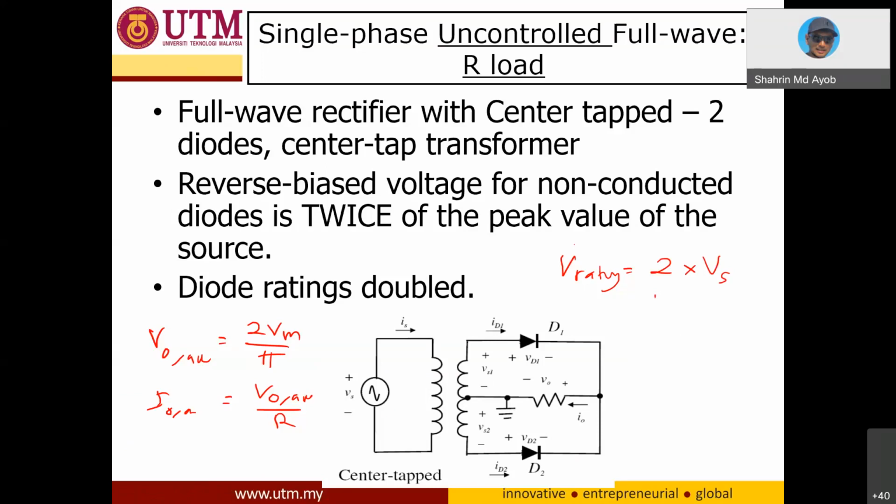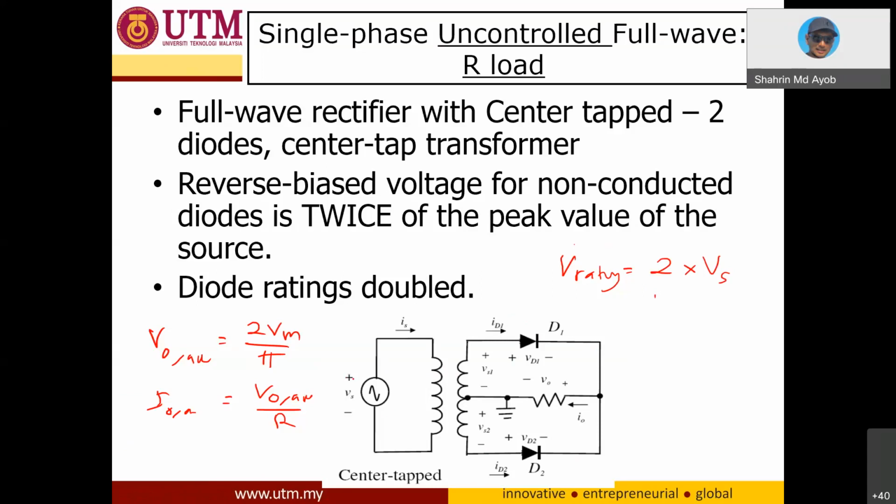But for this center tap, when you want to use it, you need to make sure that the V rating for the diode should be at least twice the voltage source. So how can the V rating of the diode be twice the source? So let's see.